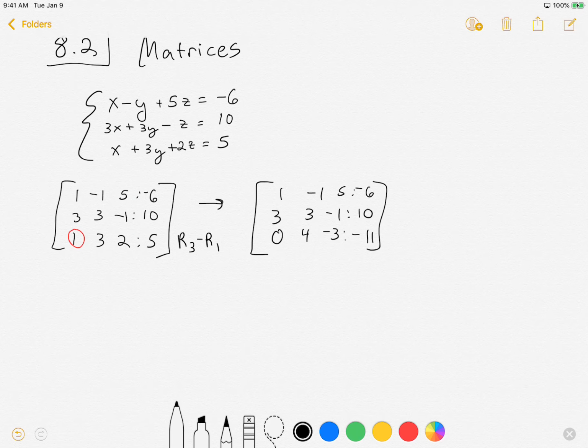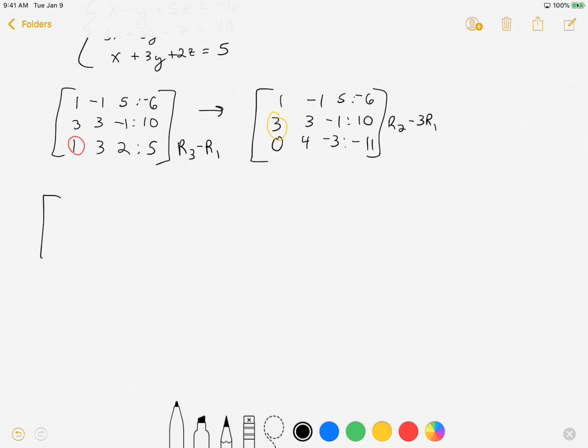Okay, then I want to get rid of this 3. I can get rid of that by doing row 2 minus 3 times row 1. If we do that, going down this next line, top row stays the same.